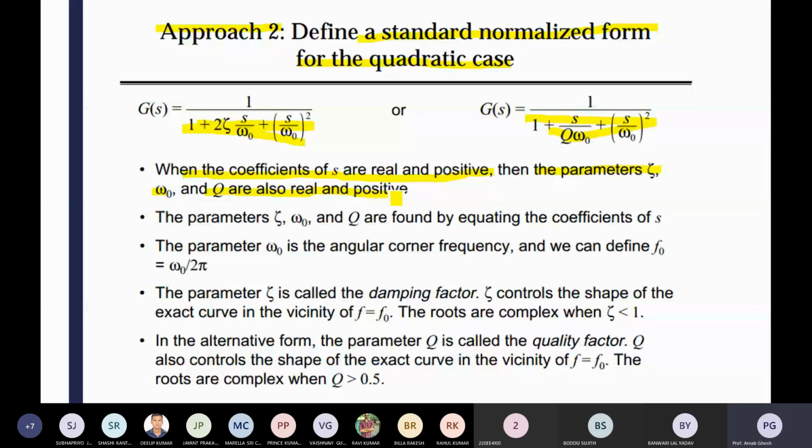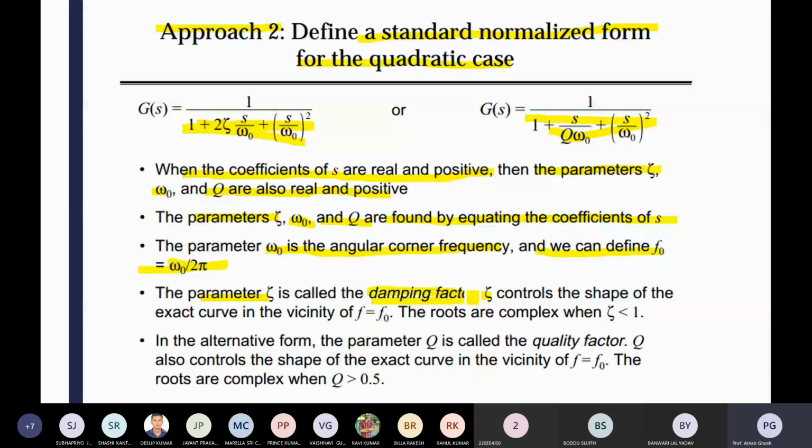Those are all prerequisites, and I think you know these very basic concepts from control. The parameter ω0 is the angular corner frequency, so we can define f0 = ω0 / 2π. The parameter zeta is called the damping factor.